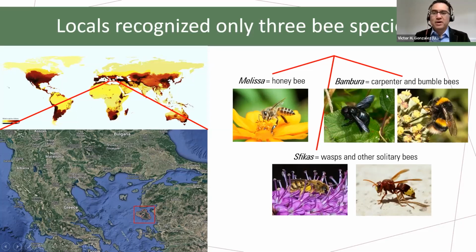Bambura, which are just the bumblebees and carpenter bees, so the larger bees, and then Sphycas, which basically includes wasps, both solitary and social, and the rest of the bees. So it is very surprising that in an area that is very, very rich in species, people only recognize a few species of bees.